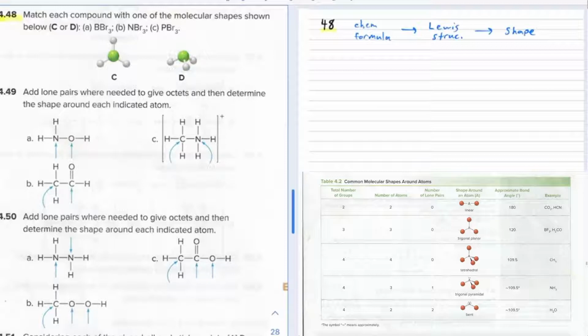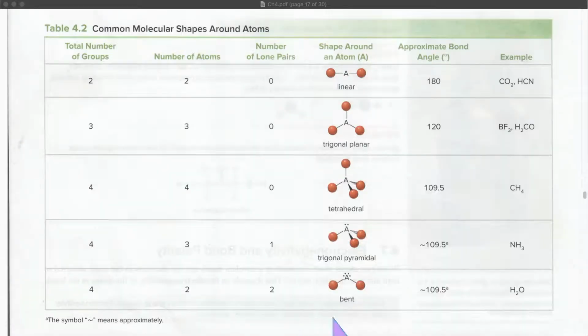I think I'll blow this up a little bit. Trigonal planar is when you have like a perfect triangle. There's an atom in the middle and it's connected to three atoms in a perfect triangular fashion. So that looked like the first one.